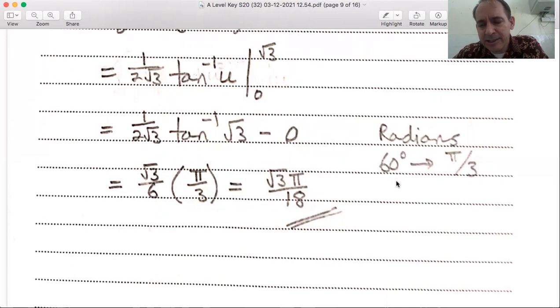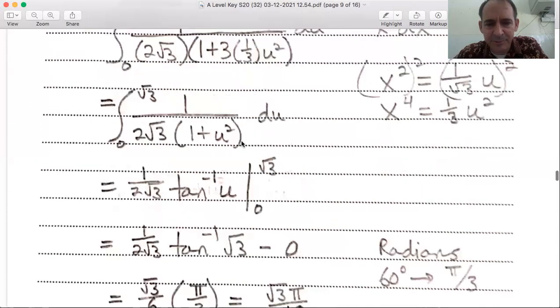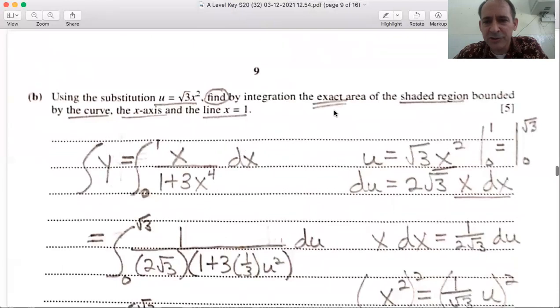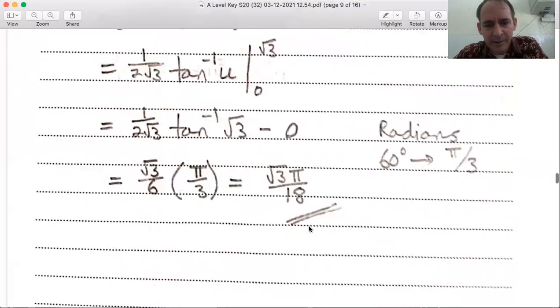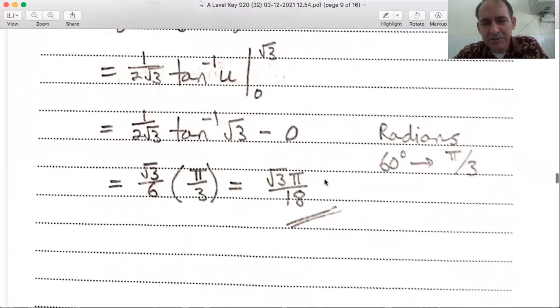So actually, depending on the calculator you have, if you set it in radians mode, it's going to give you a decimal, but we're supposed to use exact area. So when you get the decimal, what I do is I switch it back to degrees.